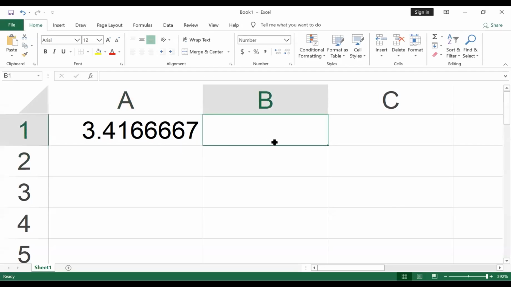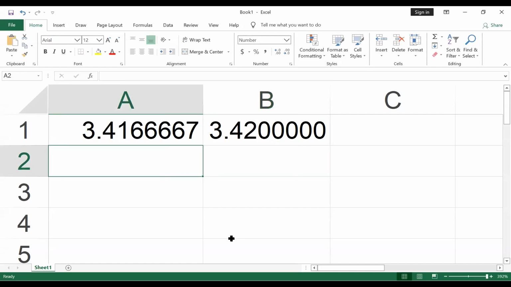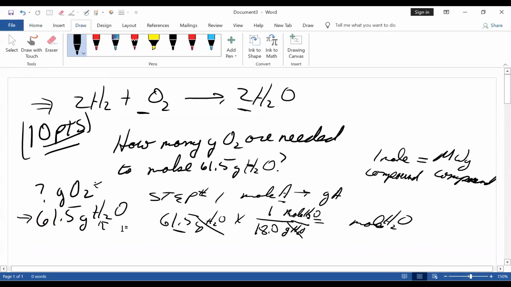I can round off to 3.42. The way I have my cell set up, forget about the zeros, and I'll move on. So the first one is 3.42 moles of water.